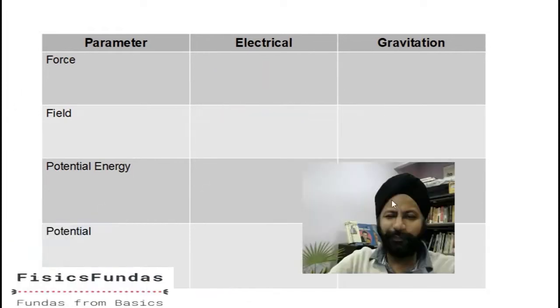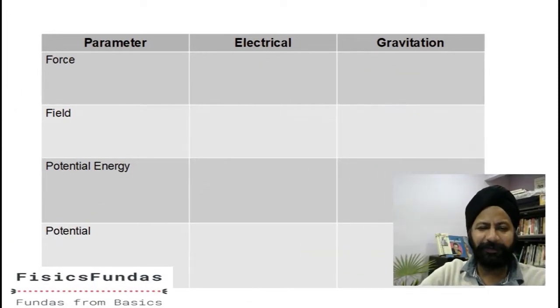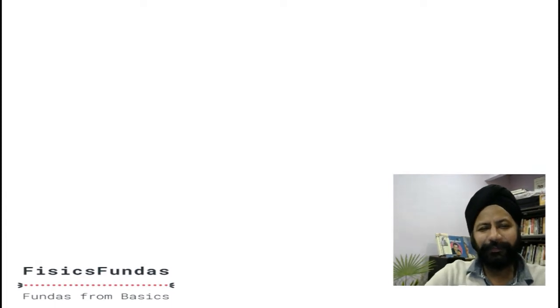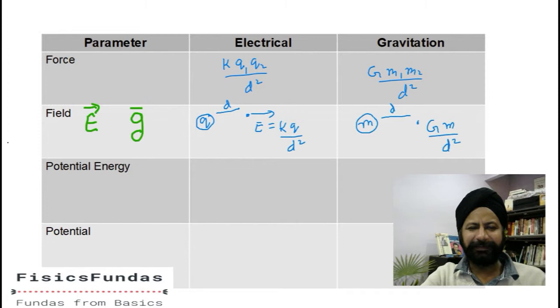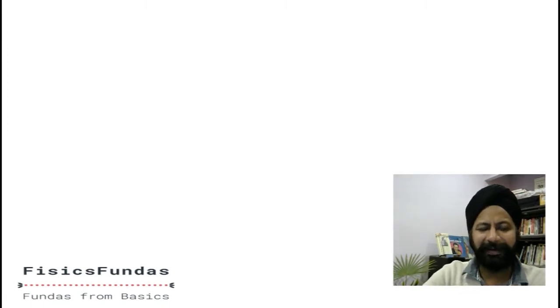But now let's talk more about it. The small g that we talk about, this gravitational field for the Earth is the same as this small g. E is the electrical field, and I am saying the gravitational field is small g, because think about that.